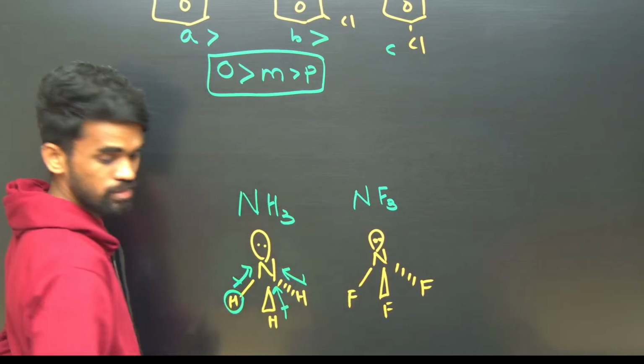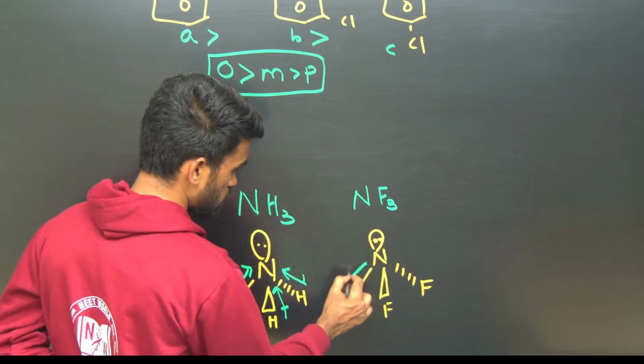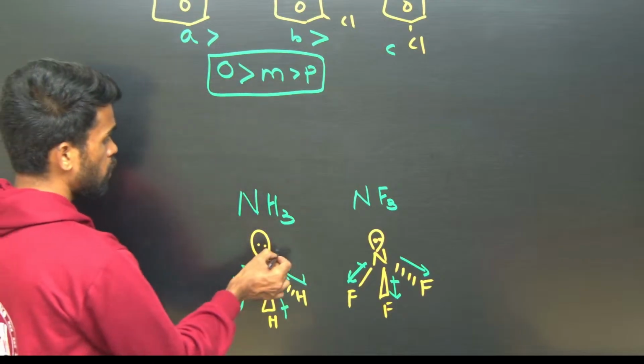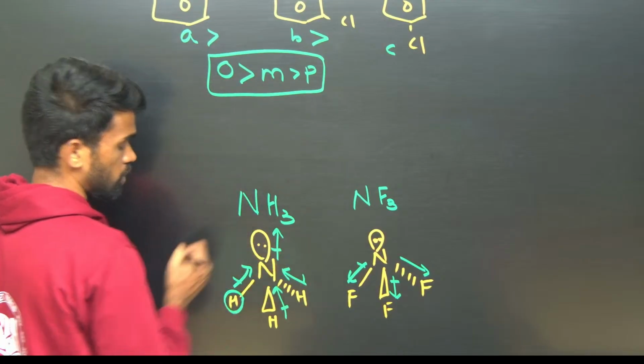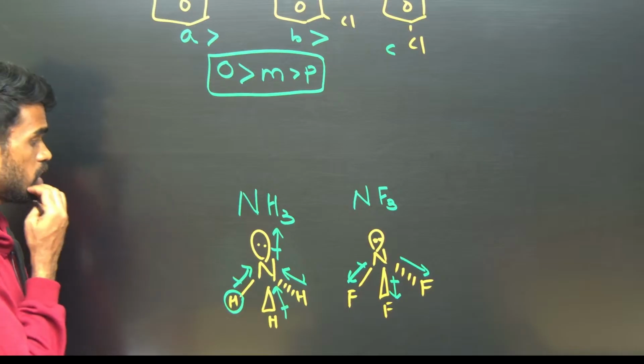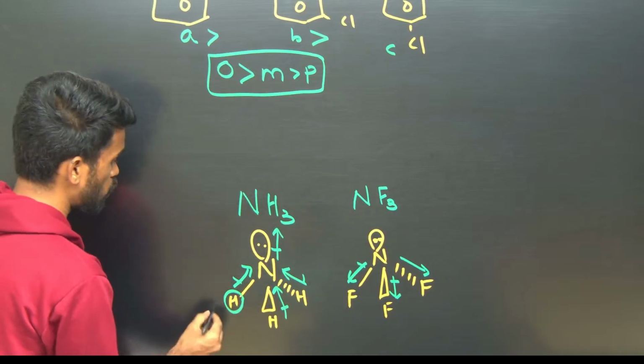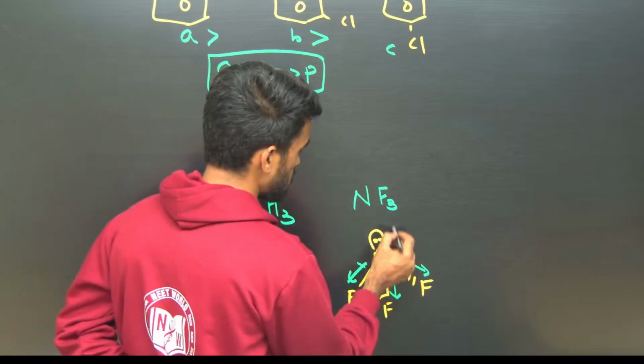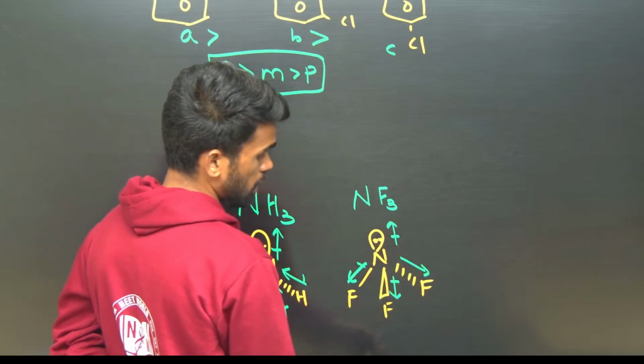But in this case, fluorine, so this is moving downwards. And whenever we have lone pairs, they drag the electrons towards themselves. So in the first case, the complete dipole moment is moving upward. But here lone pairs are dragging upwards, fluorines are dragging downwards.